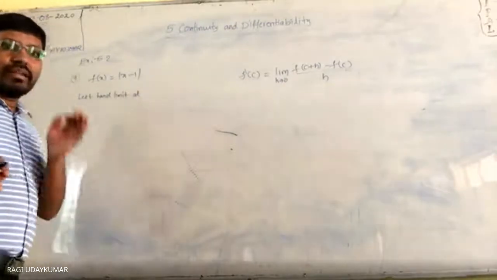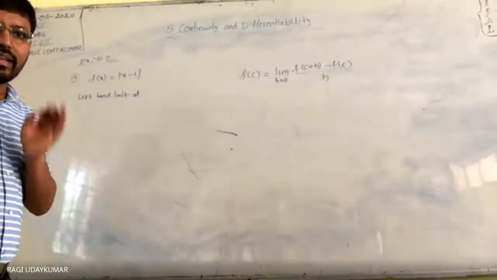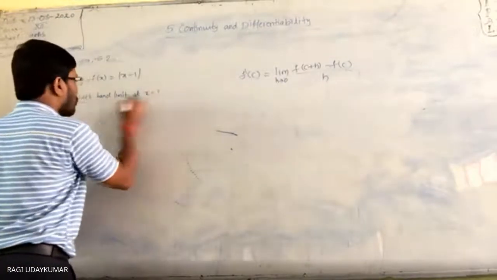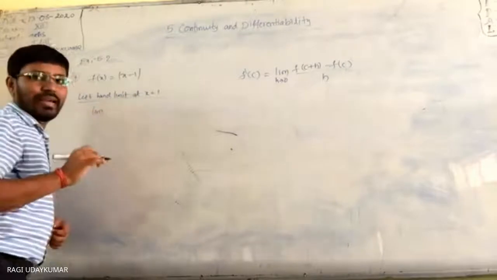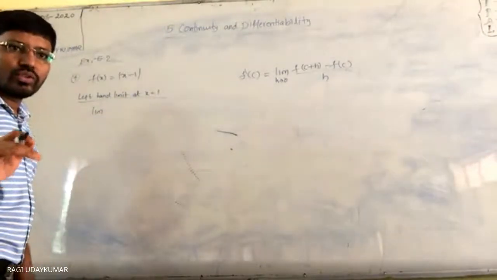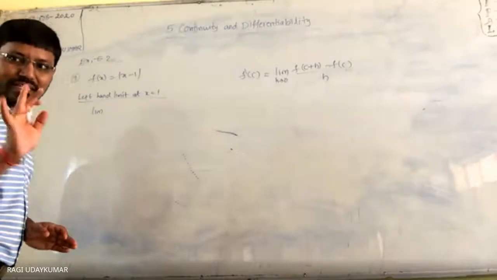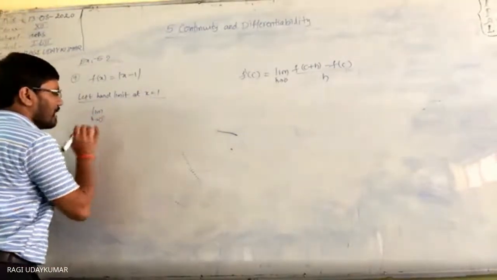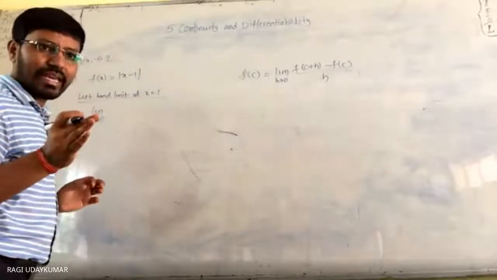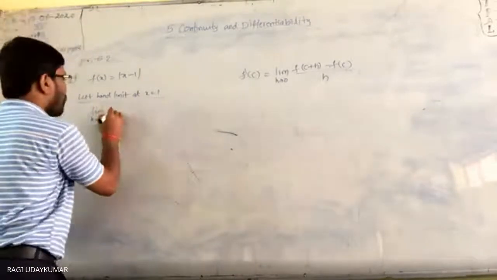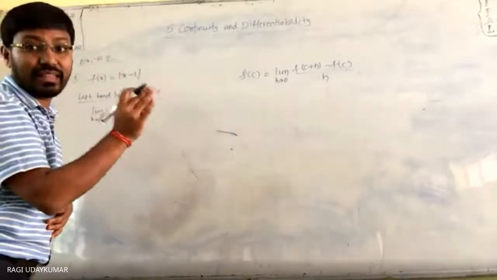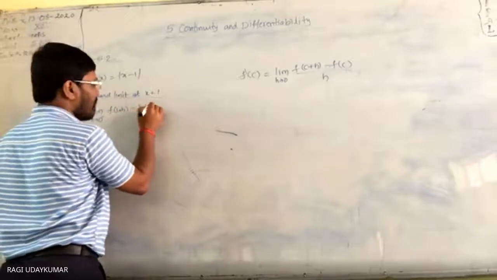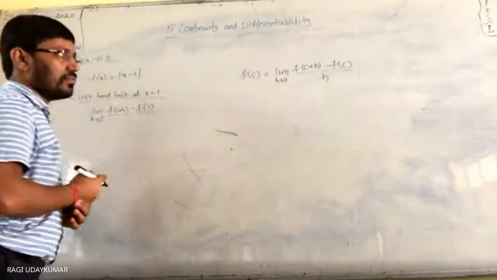Left hand derivative: limit h tends to 0 minus, not 1 minus. Left hand limit we write as 0 minus. In the place of C you have to write 1: f of 1 plus h minus f of 1 by h.